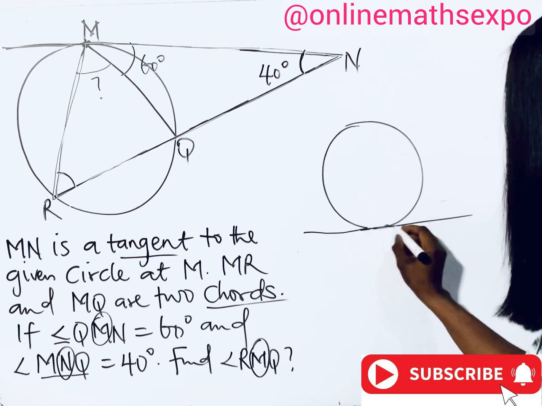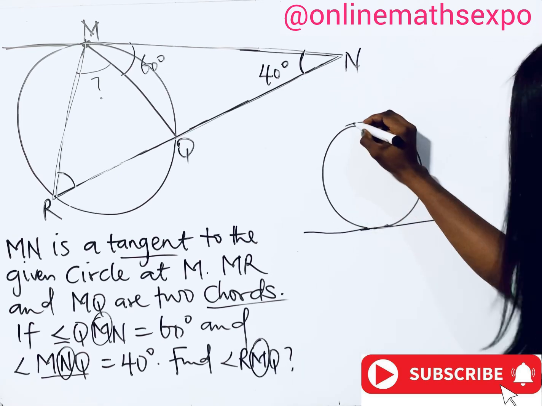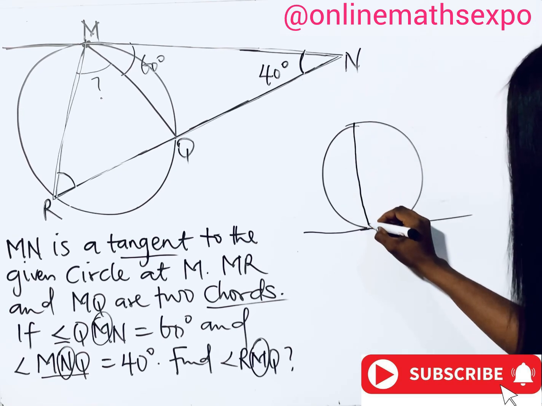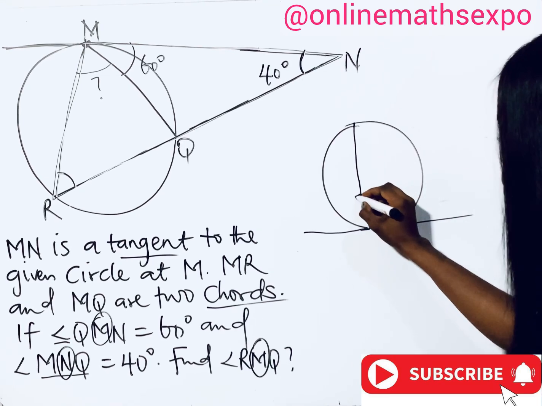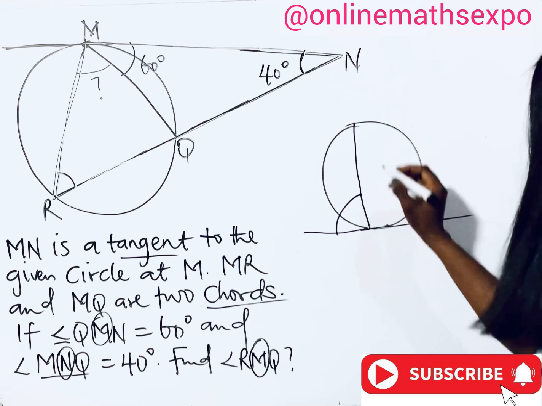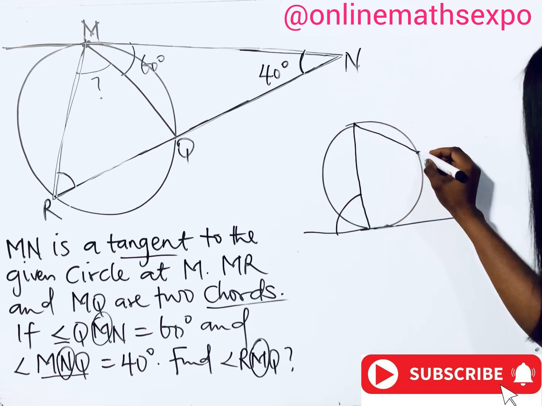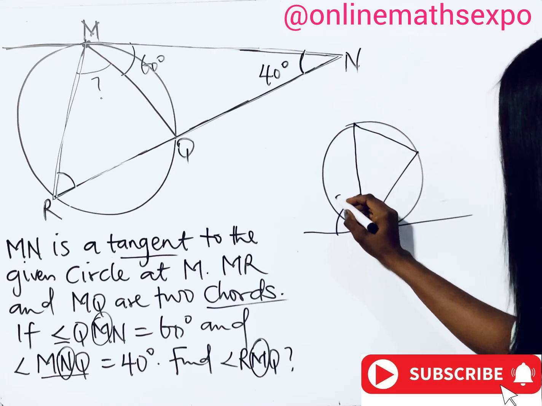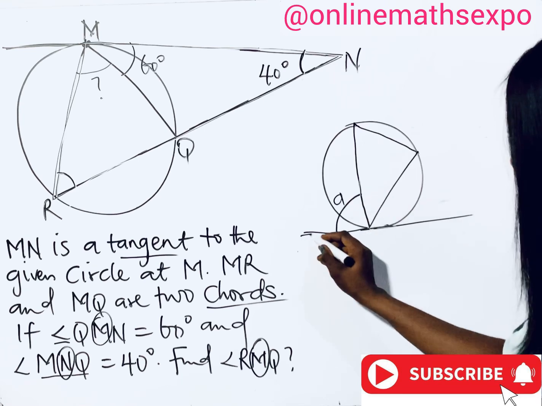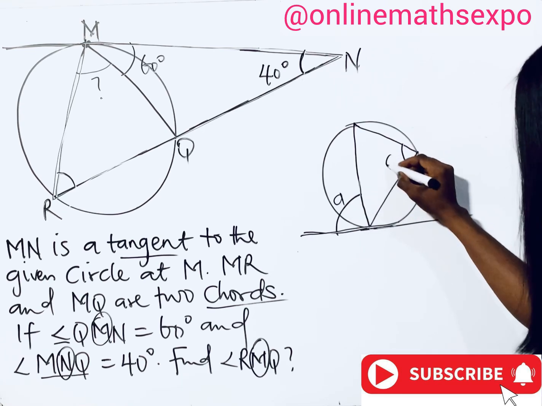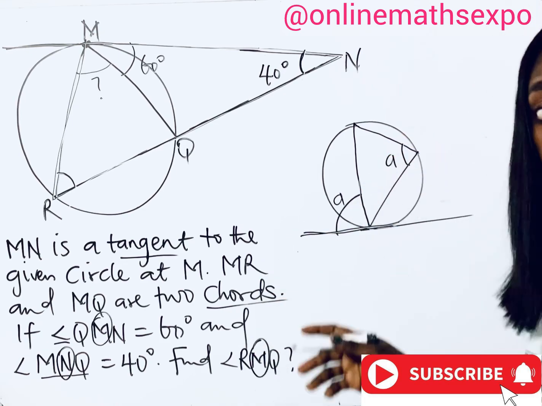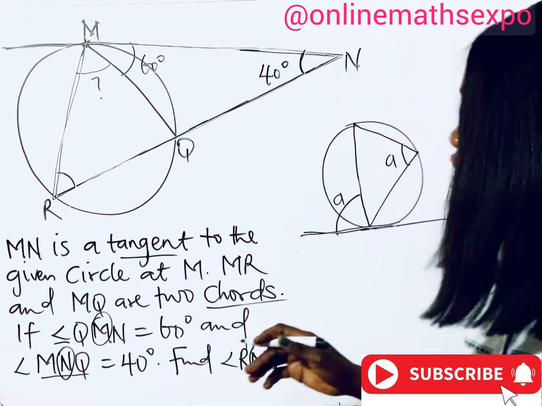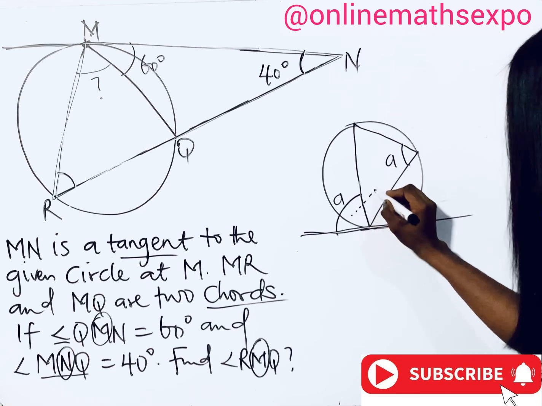Now, when a chord, this is my chord, comes in contact with the tangent, it makes an angle with the tangent. Let's complete this diagram. This angle that this chord makes with this tangent is equal to what you have here. We call it the tangent and the alternate segment. So this angle, just watch, is always opposite.